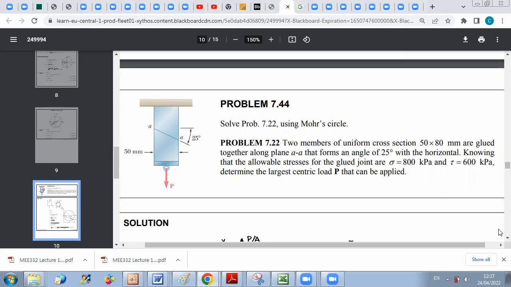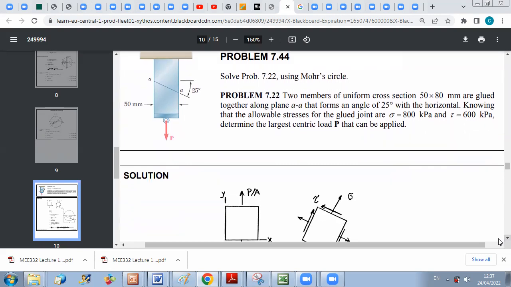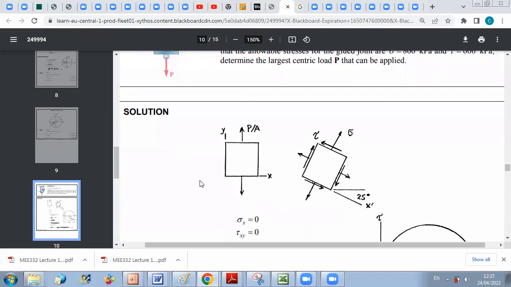So first, same procedure as we mentioned before. The first step will be to consider the plane XY, the normal plane XY.